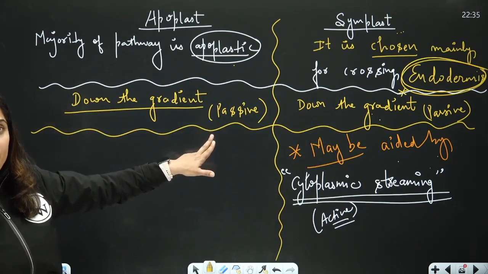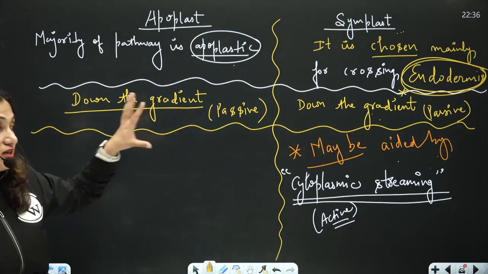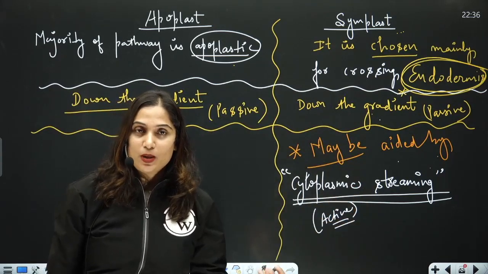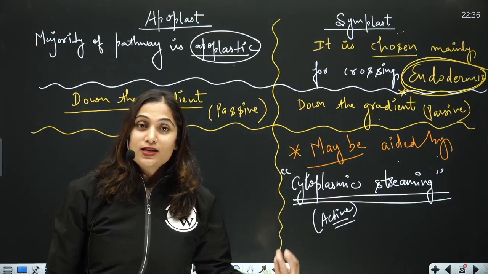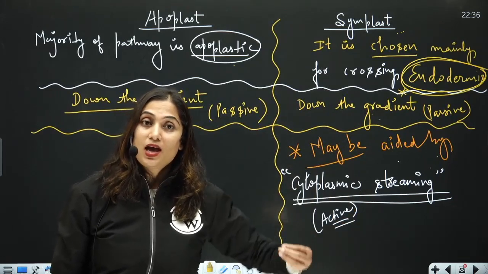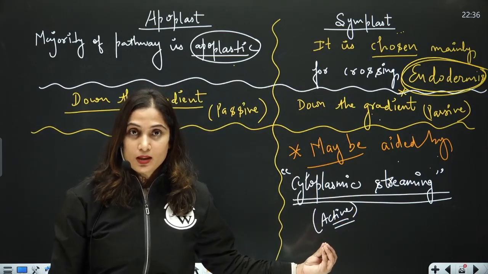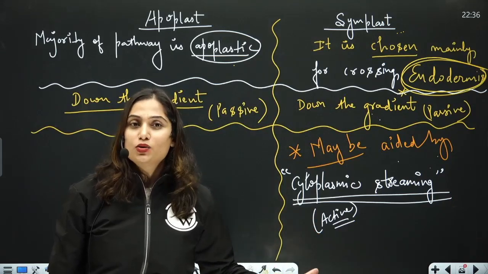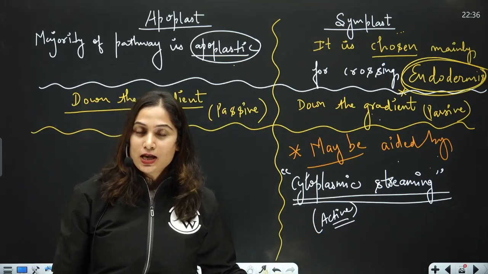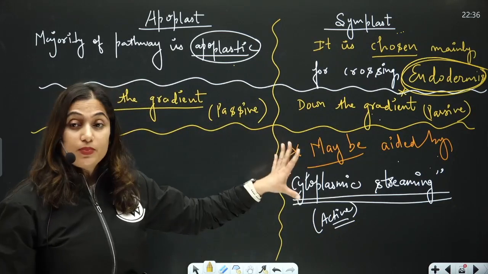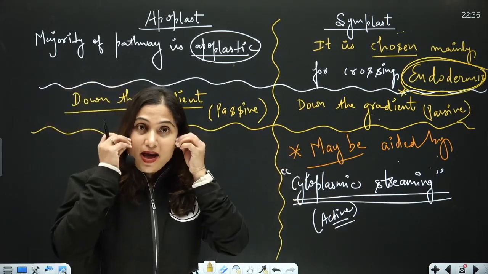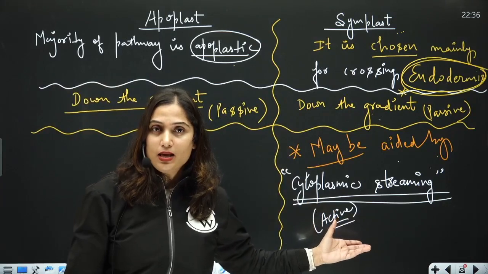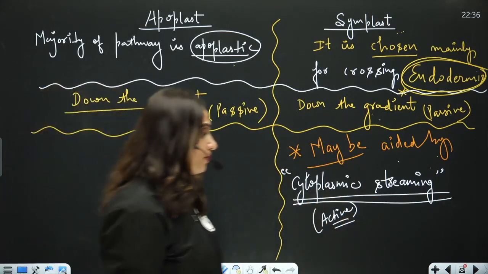That means both of them are passive in nature. But yes, because in the symplastic pathway the living space of the cell is involved, it can be helped by cytoplasmic streaming, and you know cytoplasmic streaming is active, right? So generally both the apoplastic and symplastic pathways are passive, occurring down the gradient, but the symplastic pathway can be helped by cytoplasmic streaming, right?